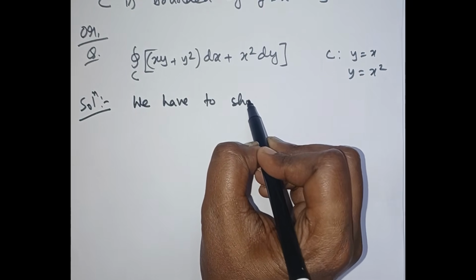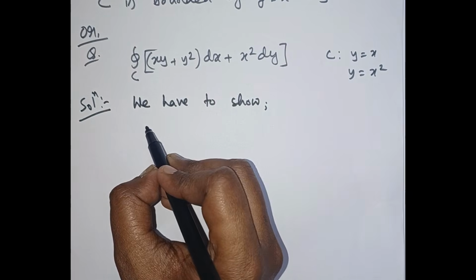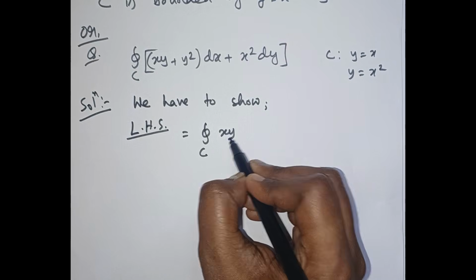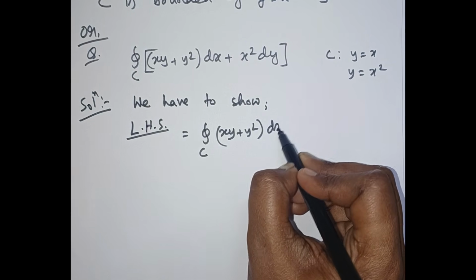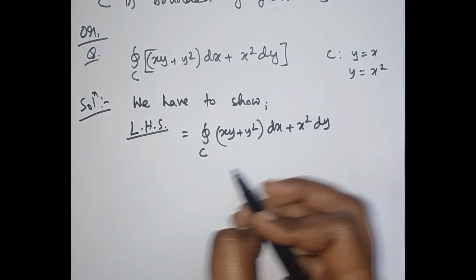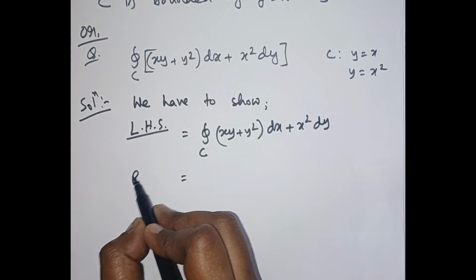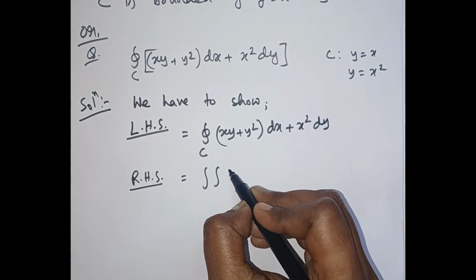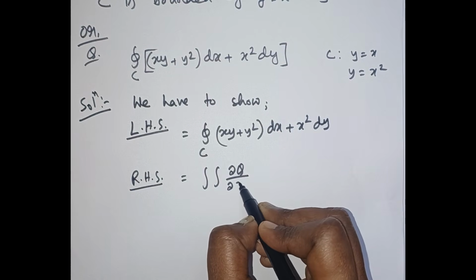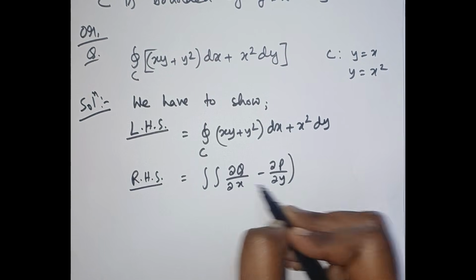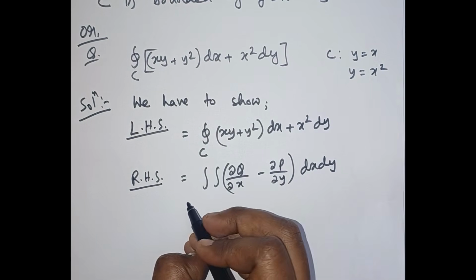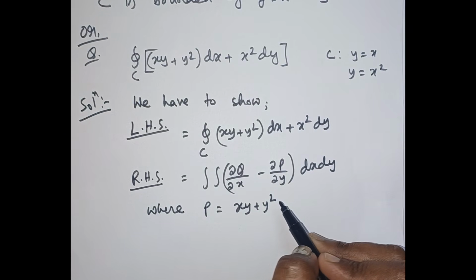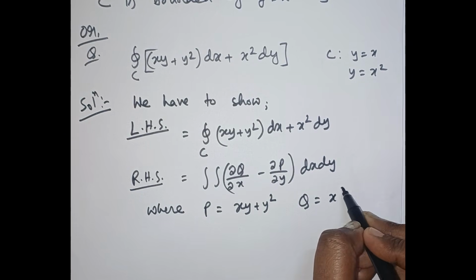We have to show that the left hand side, the line integral over C of (xy plus y square) dx plus x square dy, equals the right hand side, the double integral of (del Q/del x minus del P/del y) dx dy, where P is the function xy plus y square and Q is the function x square.